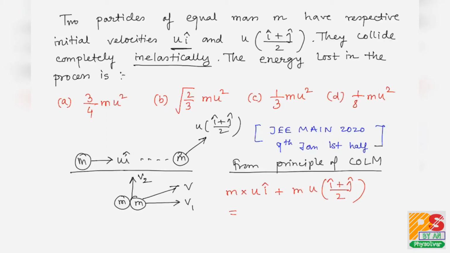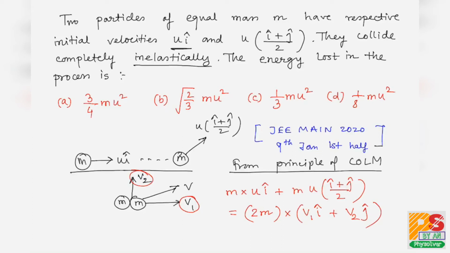We know the two bodies stick with each other, so the total mass is 2m, into the component of velocity along the x-axis v1 i cap plus the component along the y-axis v2 j cap, right?